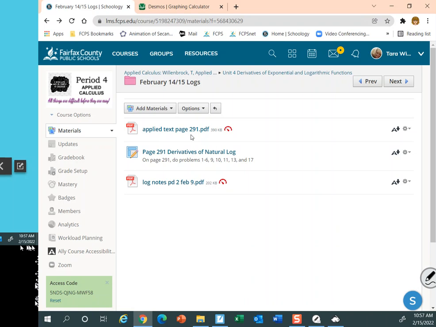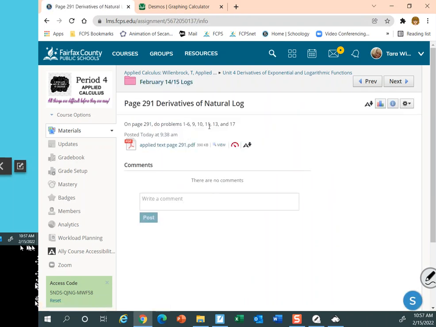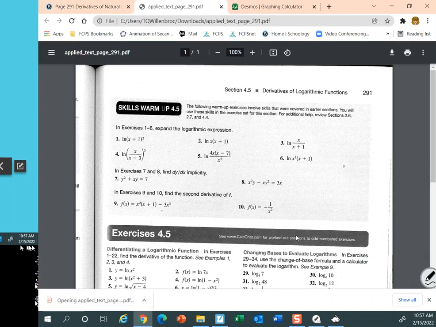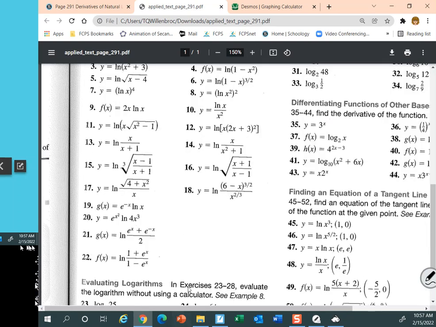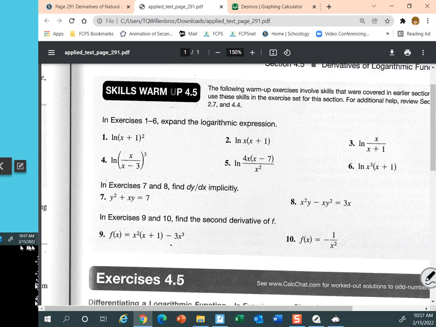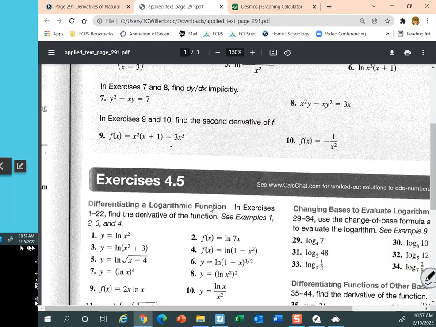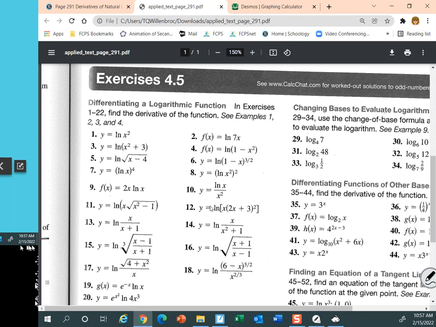So what you're going to see is on page 291, I'm actually asking you to do 11 problems: 1 through 6, 9, 10, 11, 13, and 17. I have this not as a turn-in spot, just to kind of have it. And once again, reminder, we are not on the skills warm-up, but under exercises.